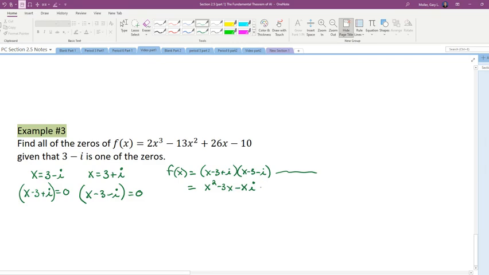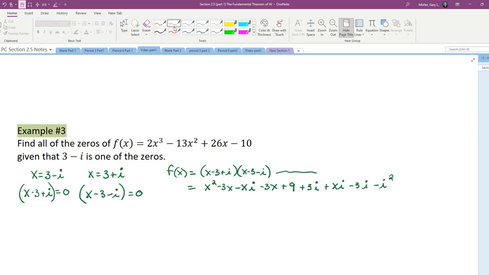Negative 3 times x is negative 3x, plus 9, plus 3i. And finally, I would multiply by i, and so I'd get positive xi. I would get negative 3i, and I'd get minus i squared.